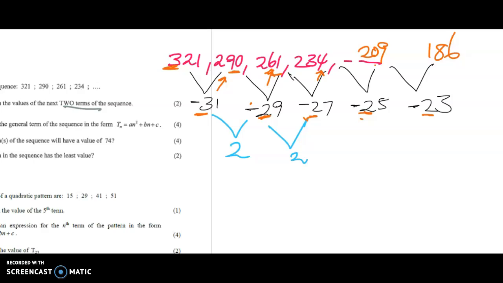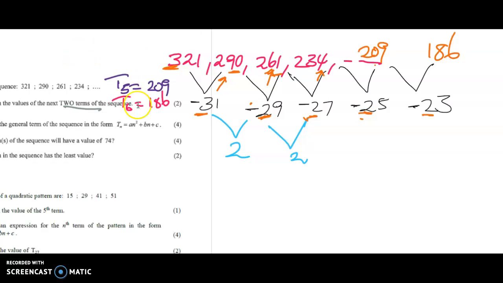So the next two terms, we're going to write T5 will be equal to 209. T6 is equal to 186. So that's it for the first question.